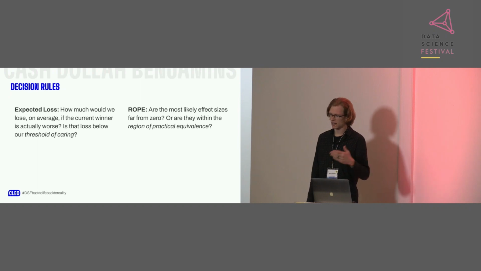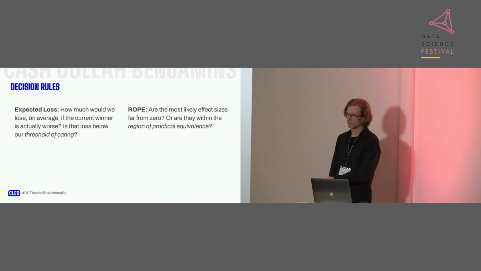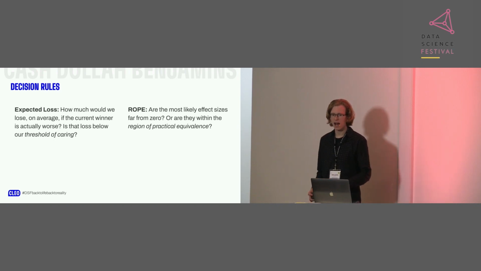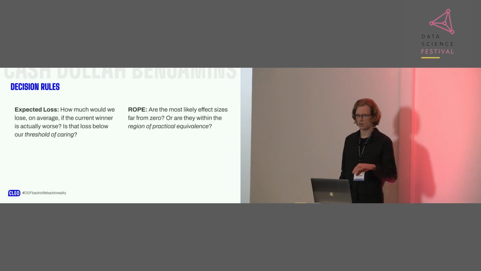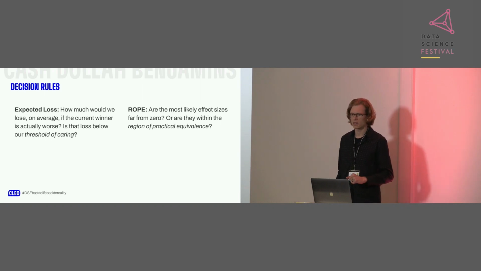The expected loss would be that 10% of users may be not setting up bills. And that loss would be above our threshold of caring, whereas a smaller expected loss, we might say, okay, we're willing to take that risk.